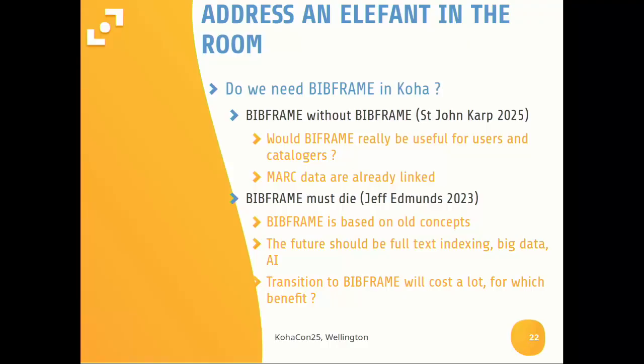It's more than 12 years old now. And that the future should maybe be on full text indexing, big data, and artificial intelligence. Also, the transition to BIBFRAME will cost a lot, and what would be the benefit of this?